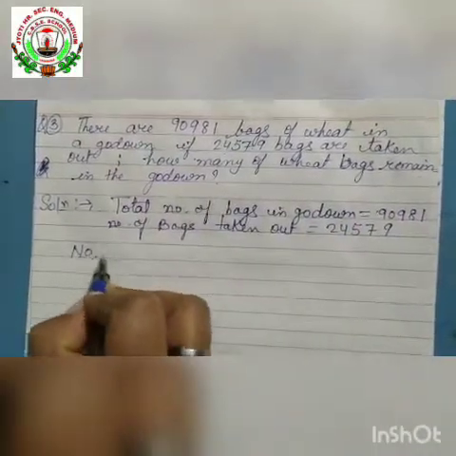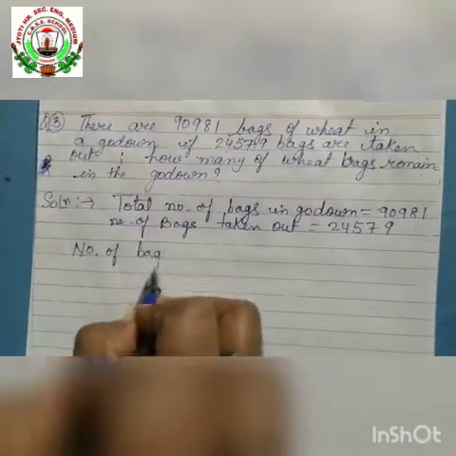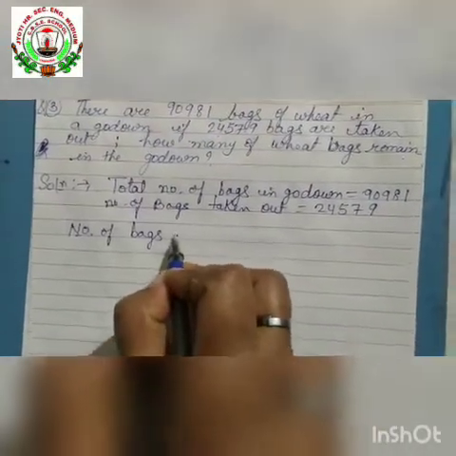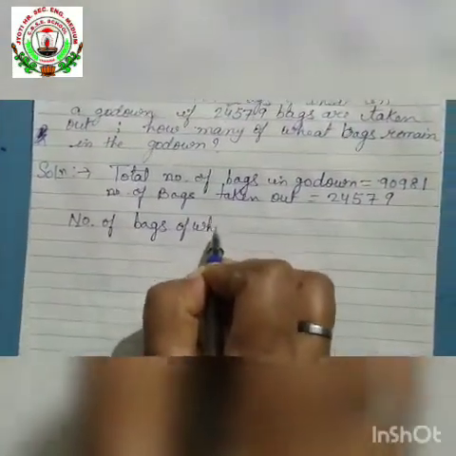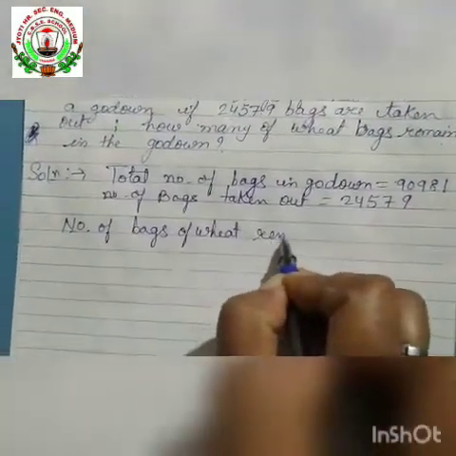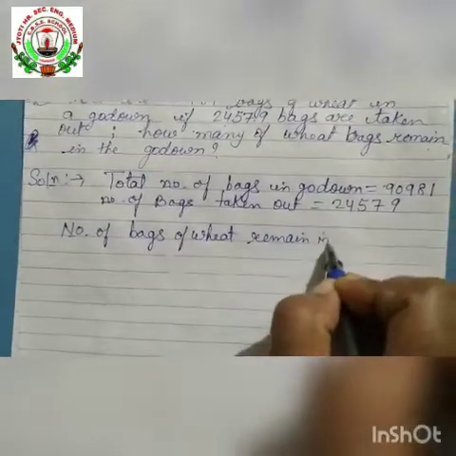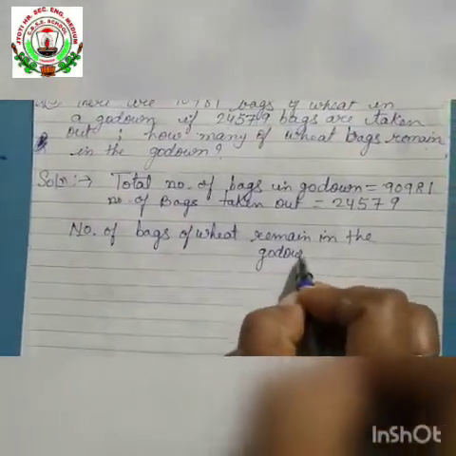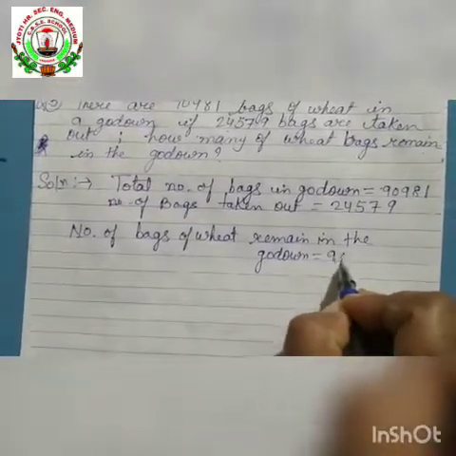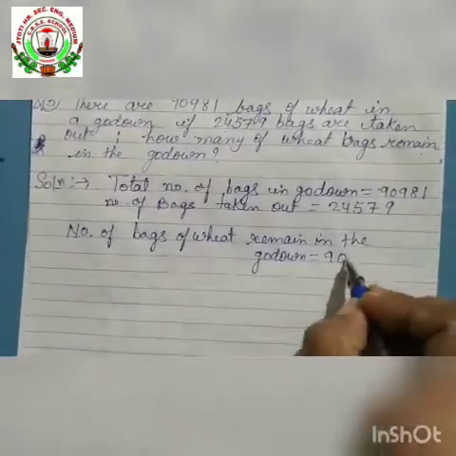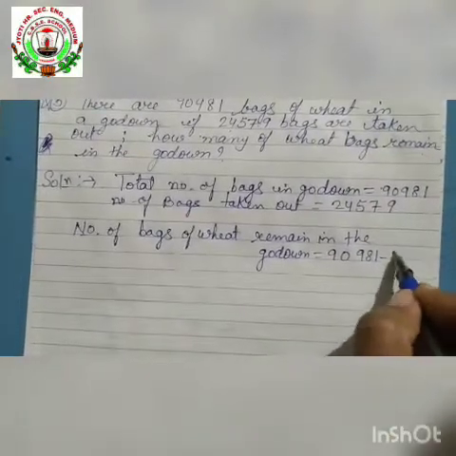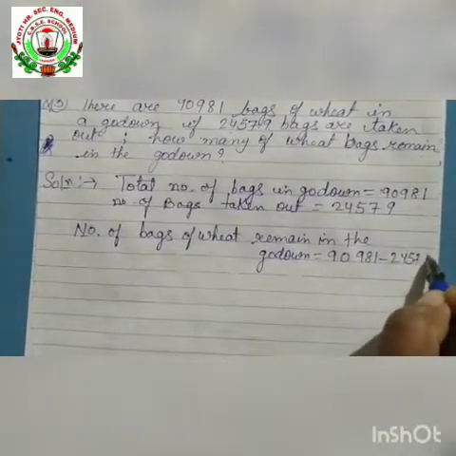So we will write number of bags of wheat remaining in the godown is equal to the total number of bags, 90,981, minus how many were taken out, 24,579.